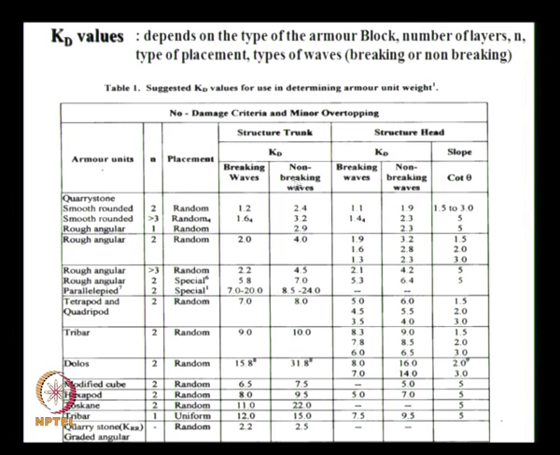And we have two types of waves, breaking waves and non-breaking waves. When a wave reaches a water depth where the water depth cannot sustain that wave, it breaks. Sometimes the waves break on the breakwater itself. Suppose the maximum wave height that is coming at a particular location with 100 year return period is only 6 meters.